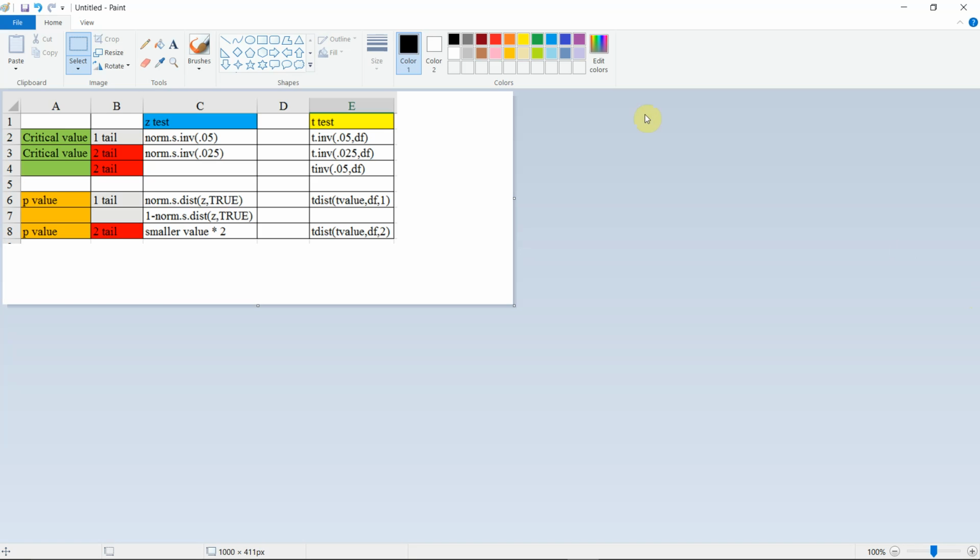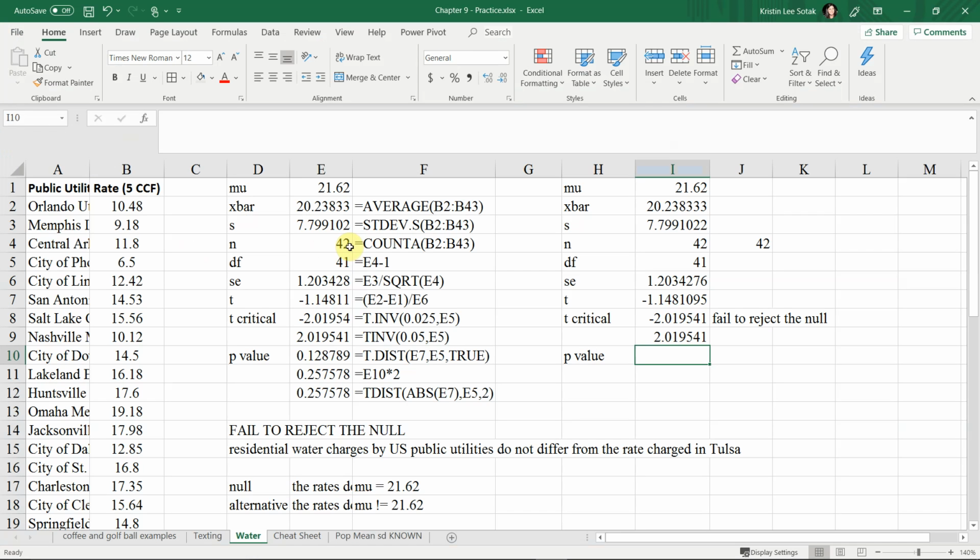So let's look at our handy-dandy chart. We know that this is a two-tailed test, so we can use the t-distribution function. So equals T.DIST, notice there's no dot in there, and this takes 3 arguments: x, that's our t value right there, degrees of freedom, and tails.